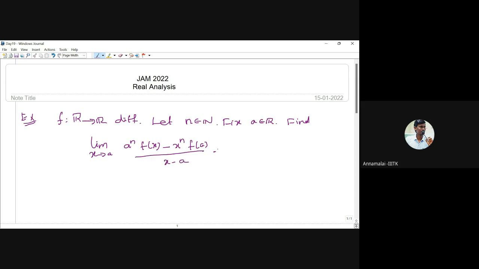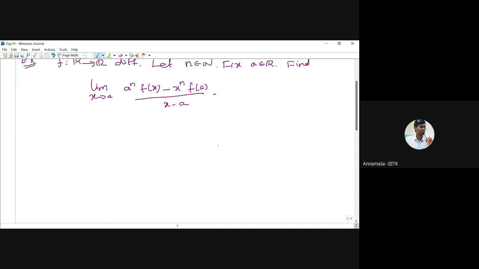So what is the value of this limit? We have to add and subtract a^n f(a).